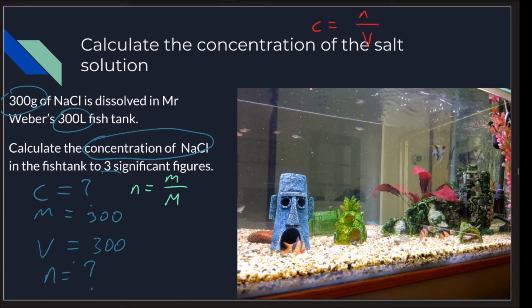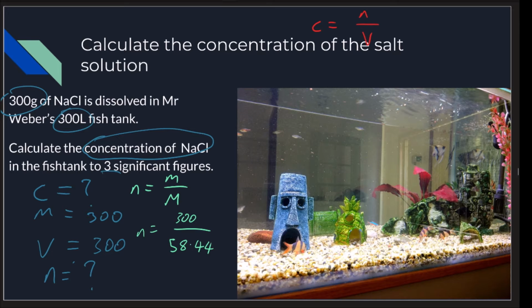So n is going to be equal to 300 grams divided by the molar mass of sodium chloride. Sodium is 22.99 and chlorine is 35.45. So we'll add those together. Gives us 58.44.